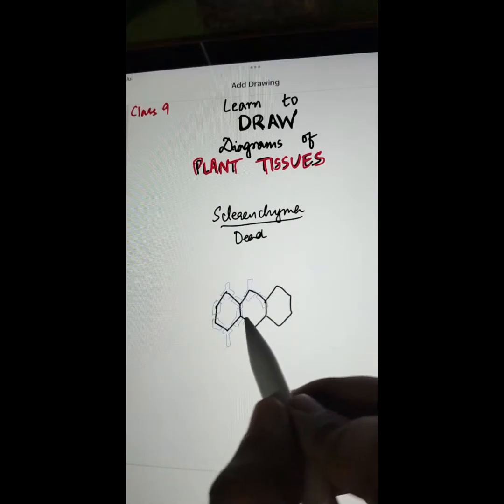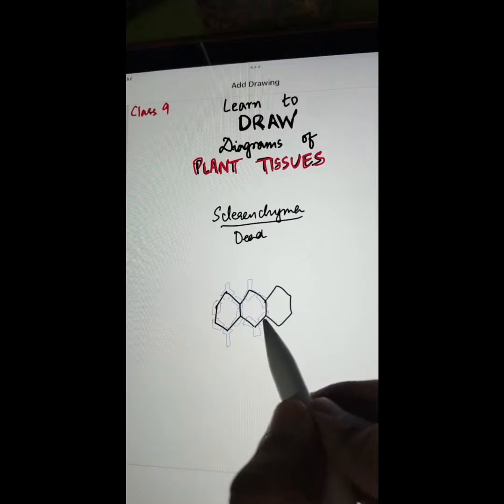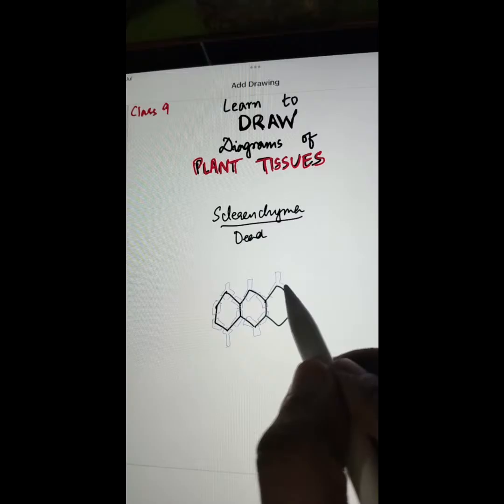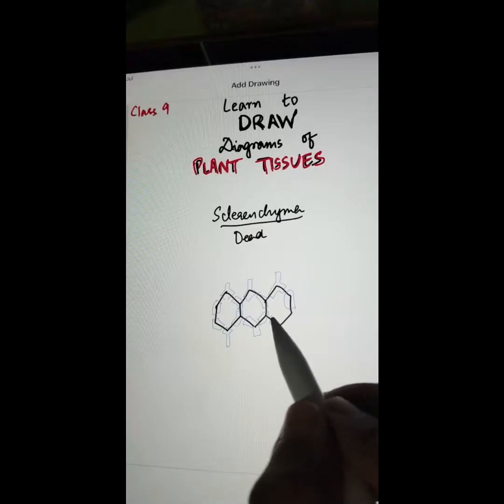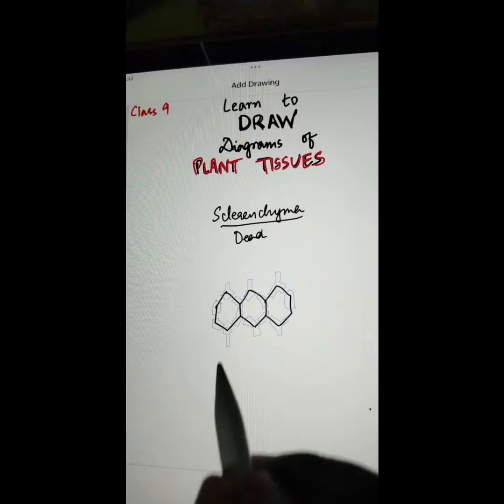I have made a hexagon and then I am outlining it with another color so that it is prominent to you. So this is the thickening that is seen in the case of sclerenchyma. This thickening material in the case of sclerenchyma is lignin.